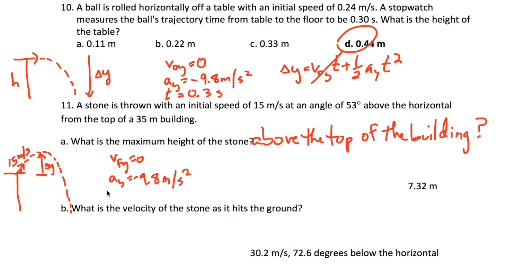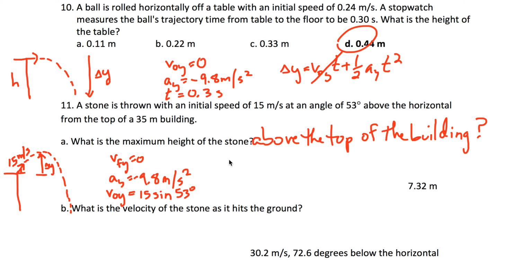So the y component of the initial velocity is going to be opposite that angle. It's going up here, so it's going to be 15 sine of 53 degrees. So once again, we are given three variables in the y direction. So we don't need to look at the x direction just quite yet.